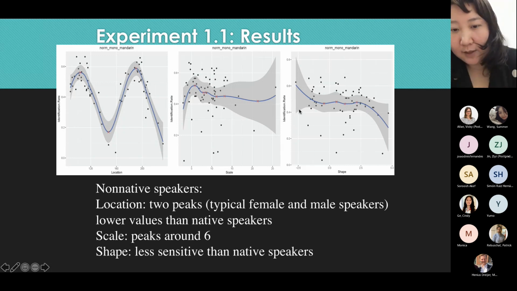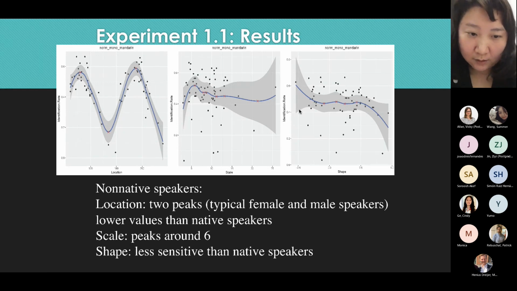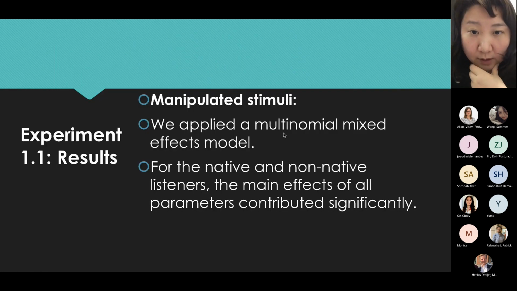That means non-native speakers are probably less sensitive to the shape parameter, based on their identification curve. So that's what we found for one set of stimuli, the real stimuli. And we also ran the multinomial mixed effects model on the manipulated stimuli.